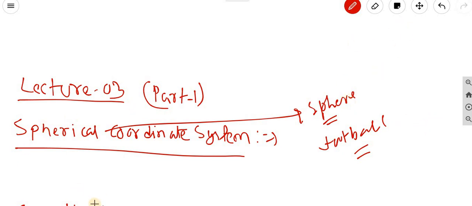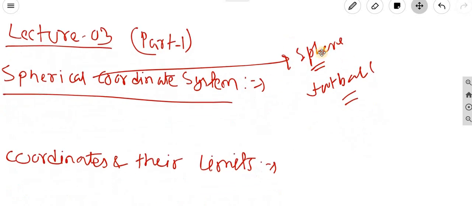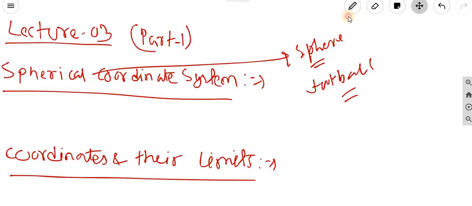Now, what are the coordinates of the spherical coordinate system? The coordinates are r, theta, and phi. Most books use this notation. You may change this r to rho, whatever your notation may be.